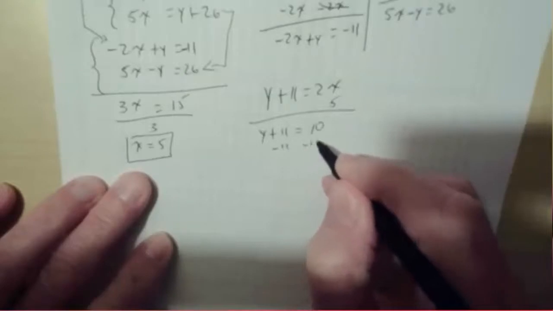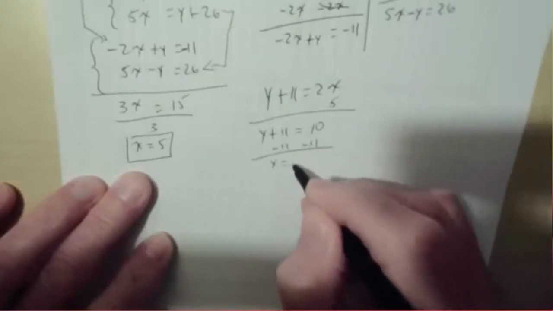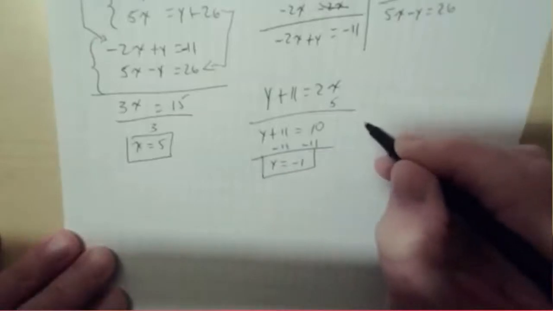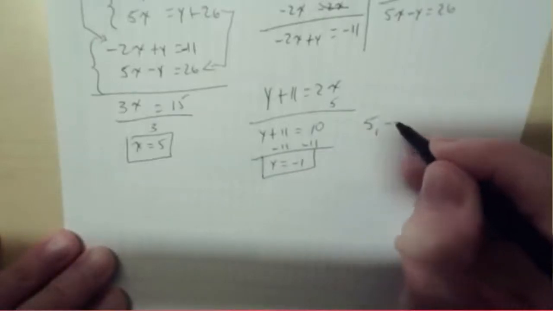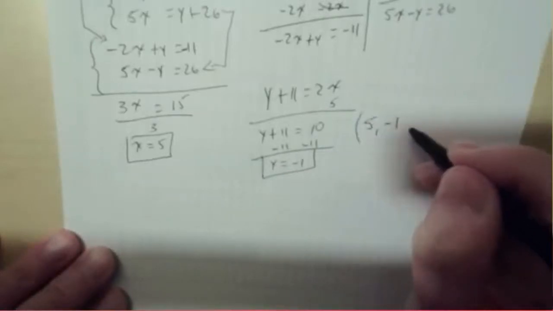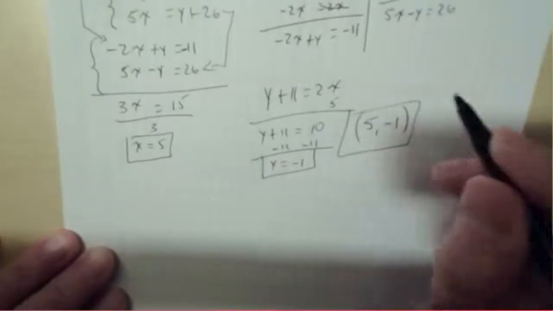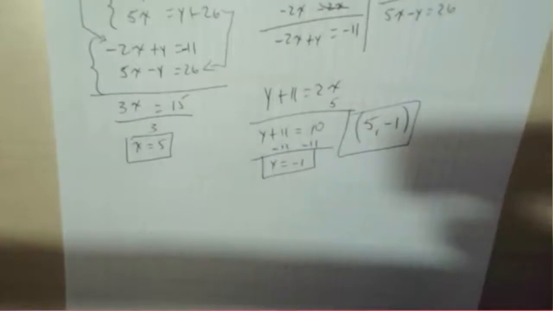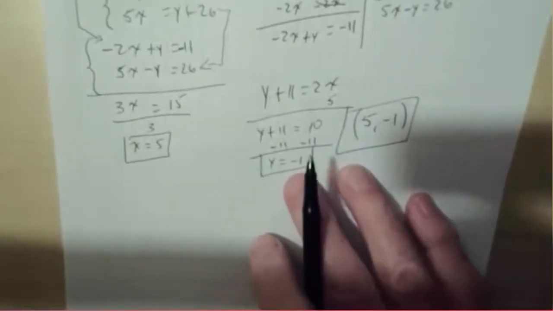Subtract 11 from each side. y is negative 1. So we have 5 comma negative 1 is our solution. And you plug them back into the original equations and see if they work.